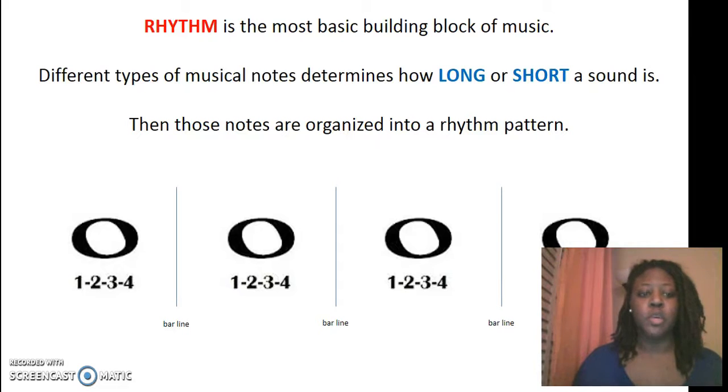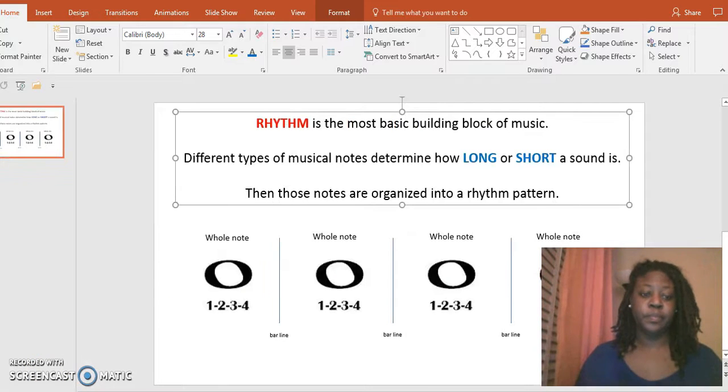Then those notes are organized into a rhythm pattern. Okay, so let's look at what we have here. We have a type of note that just looks like a circle. It looks like an O or a donut or a rock or an eyeball or whatever you want to think of it as. It's just one circle. And this is called a whole note.